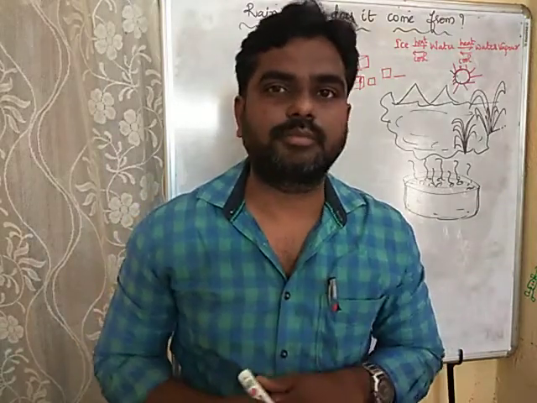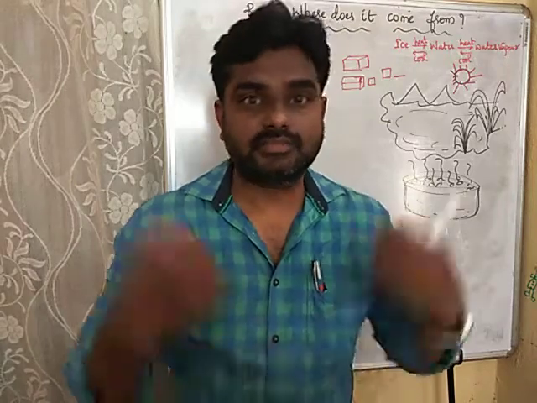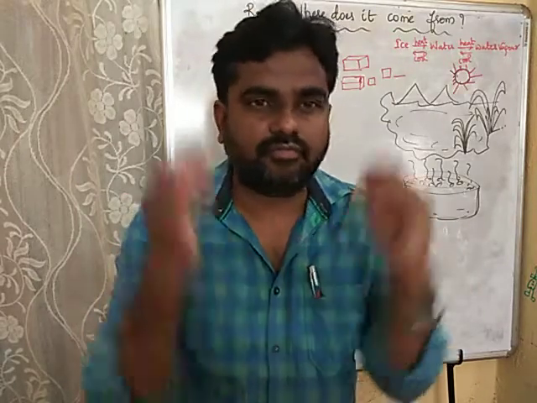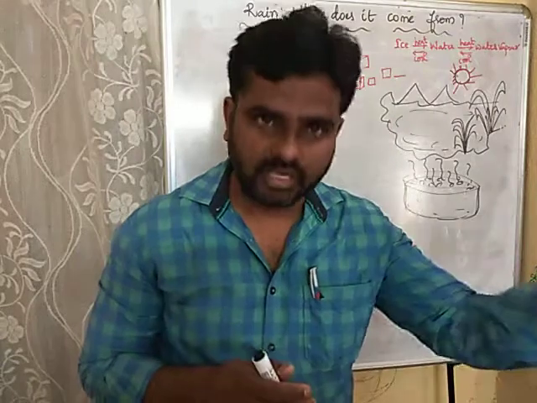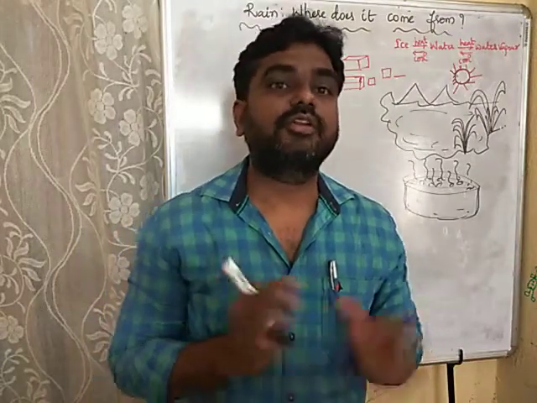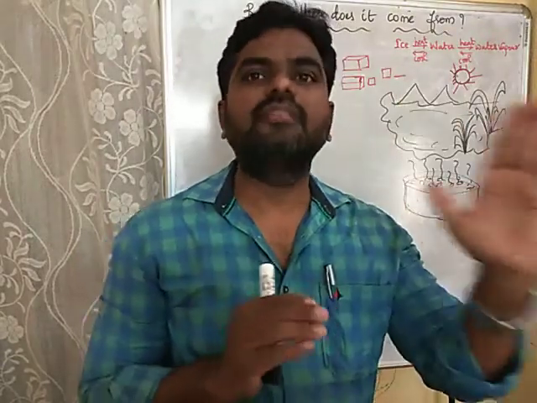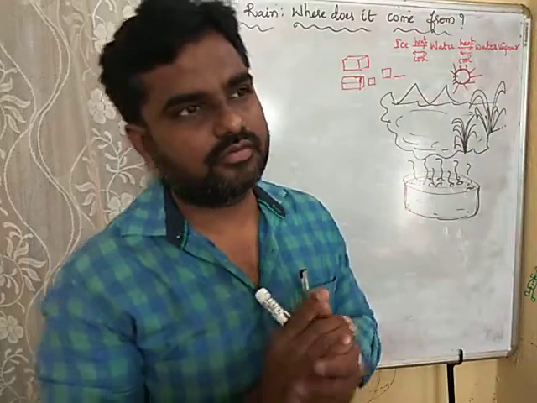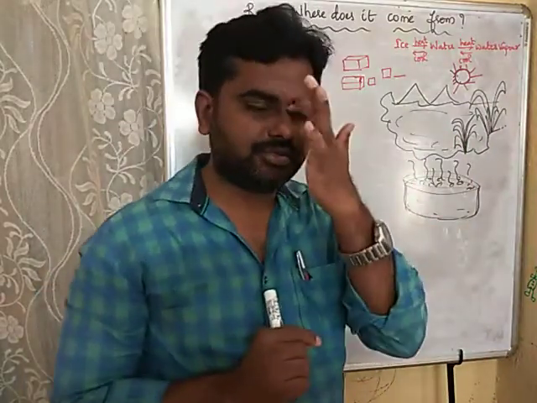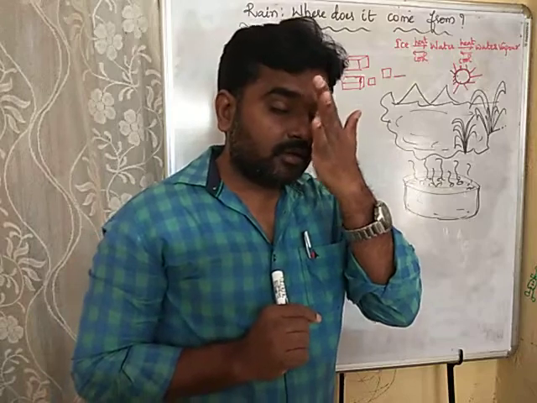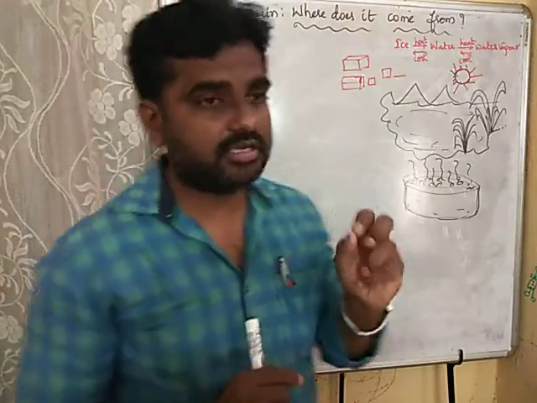The first thing is an umbrella, and the second is a raincoat or different types of plastic covers while you are going outside in the rain to protect your body from the rain. We use different types of things or materials, right? So rain is nothing but water.